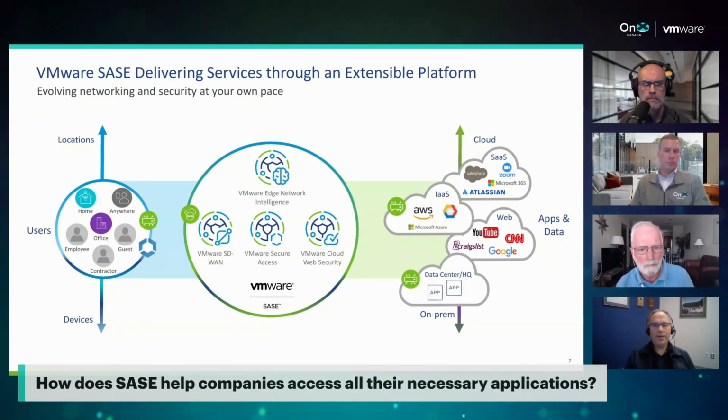It allows you to securely connect directly to where these applications reside, which is why all those POPs are so important. It means you have a direct, secure connection. That's probably one of the biggest components. The other component that really helps in being able to get to the applications is something we talked about a little bit earlier, and that is that, while you do have a whole security and networking solution with the VMware SASE model, it can also be rolled out in a building block nature.